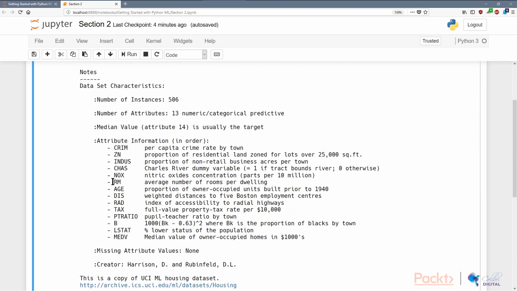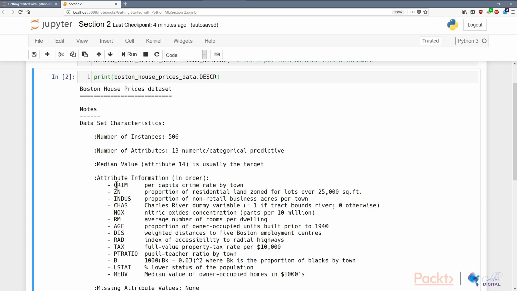One example is the average number of rooms per dwelling. That's quite straightforwardly proportional to the median value. You can expect that the more rooms there are, the higher the median value should be. Or take the per capita crime rate: if the crime rate is high, the value of the home should be lower.